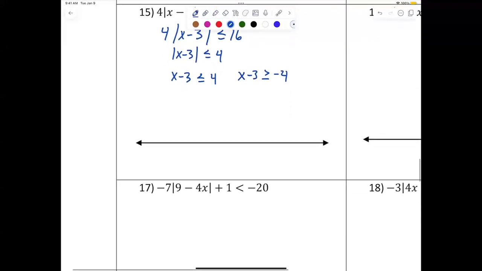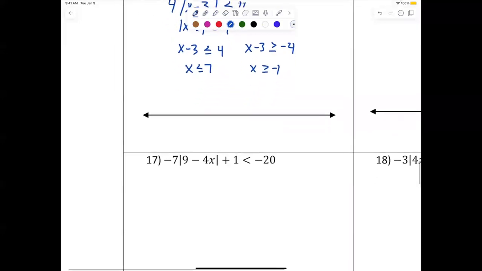Now, when I add 3, that's when I get x is less than or equal to what? 7. Add 3, x is greater than or equal to -1. Everybody okay with that? So I have less than or equal to 7, greater than or equal to -1.